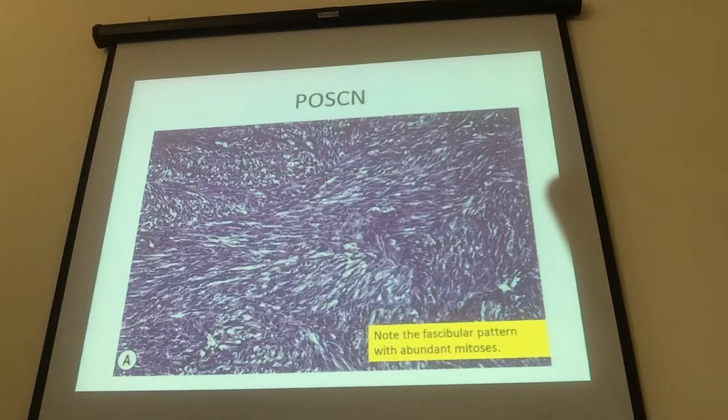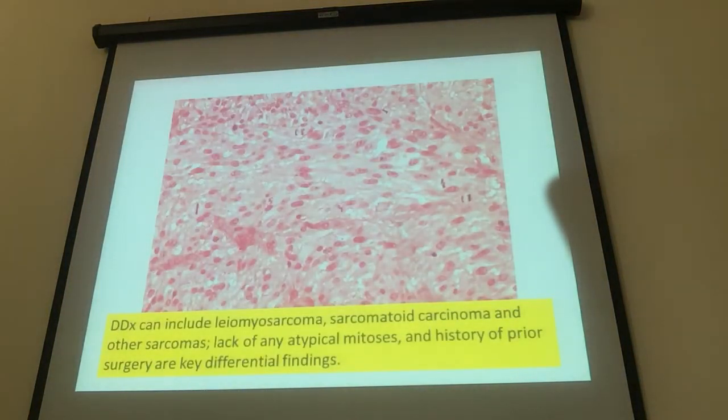So cellular, fast-growing, benign. Here's another example. You see one high-power field, 1, 2, 3, 4, 5 mitoses, one very small field. So lack of any atypical mitosis and recent surgery critical to making or knowing this diagnosis.